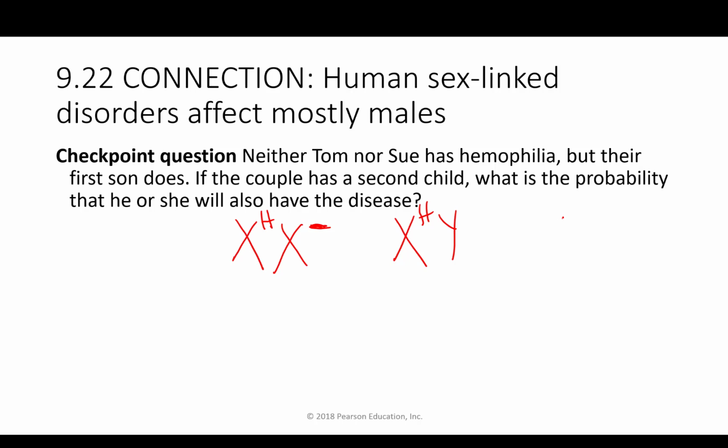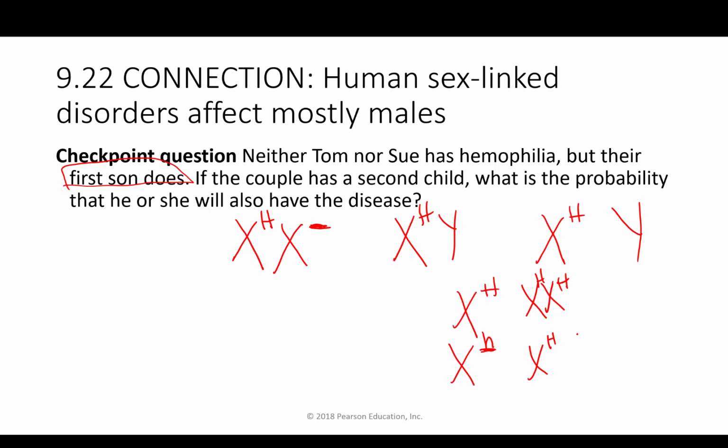Well, we have to do a Punnett square. Big H, X, big H. We don't know what this is yet, but since their first son has it, it's probably a little h, and he gives the Y. So this girl is big H, this girl is big H, little h.